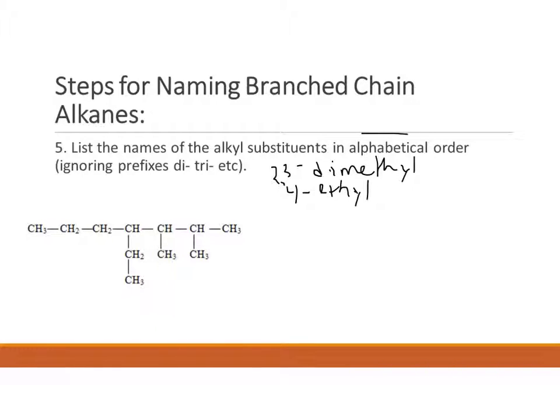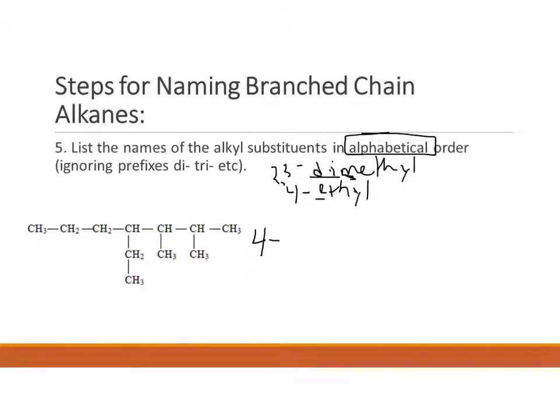But they actually have to be named in alphabetical order, not numerical order, and you don't include the little prefix di, tri, tetra. So we're looking at the eth one starting with E and the methyl one starting with M. And since E comes before M alphabetically, that's the one that's listed first. So you name them in alphabetical order with the ethyl one coming first because it starts with an E.